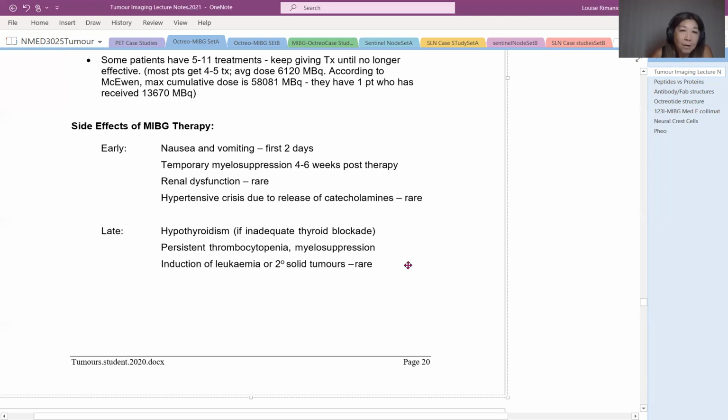But as I say, usually in my experience, these patients are sort of end stage disease, and at that point, we're not worried about them developing a tumor 20, 30 years down the road. We're just trying to prolong their life, for the next year or so.